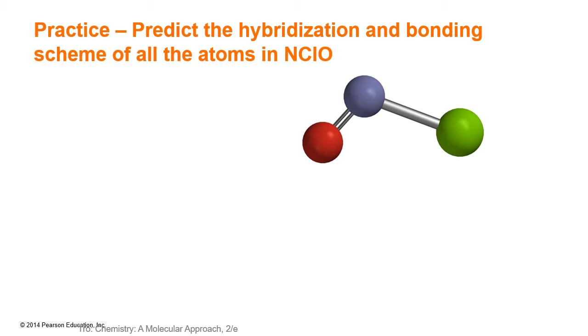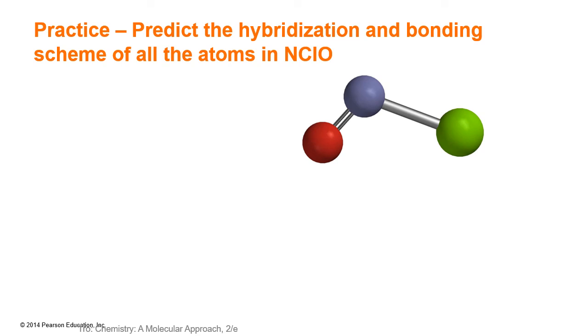One more for you to practice on. See if you can predict the hybridization and bonding scheme for the atoms in NClO. If we look at our oxygen, it has a double bond.